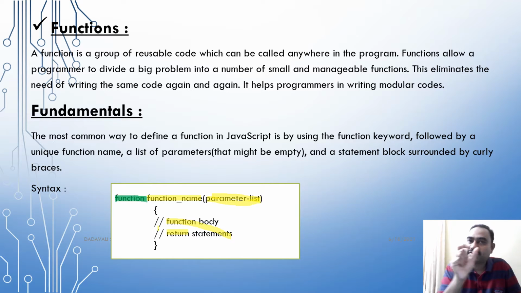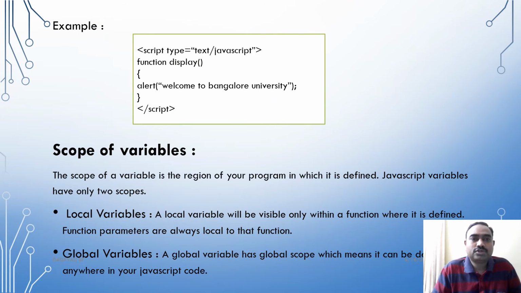So once again: the function keyword and function name, within the parentheses the parameter list, and a block of statements, meaning the beginning of the braces and the end of the braces, within which the reusable code is written. Here is one example: the JavaScript function keyword, then the display function.